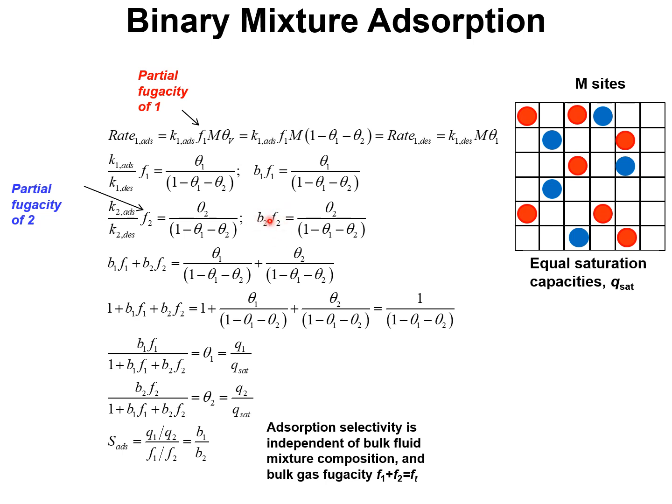B2 is the binding constant for component 2, and this corresponds to the binding constant defined by the unary isotherm.